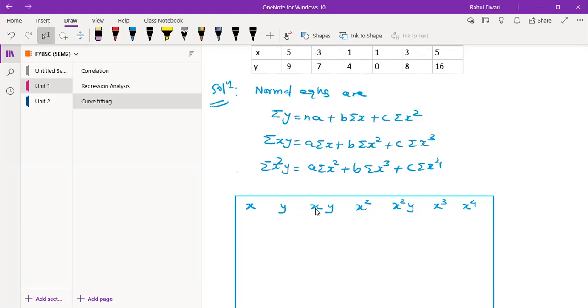Please cross check whether these equations are right or wrong, and then based on that you can find the equation.